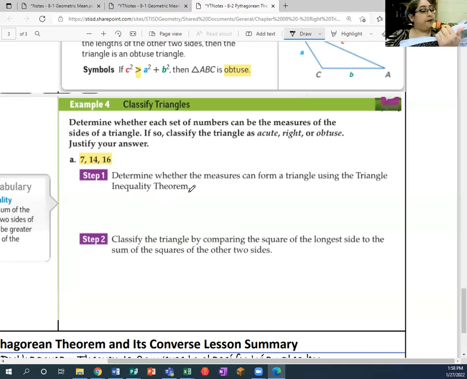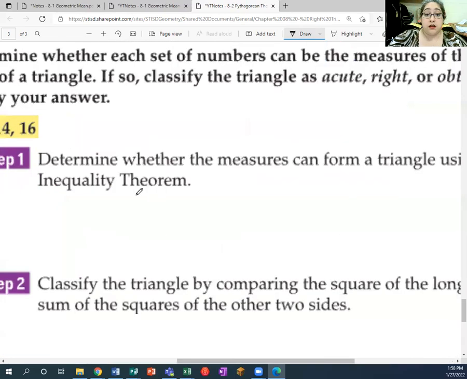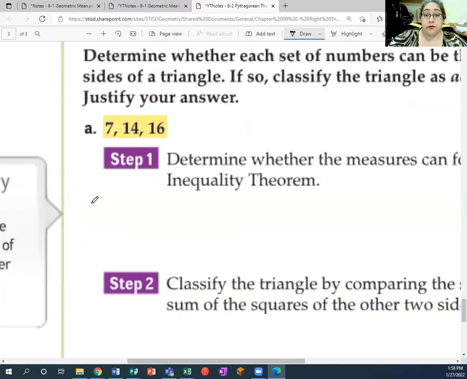Hopefully that was in frame. Basically what it says is if I take two sides of the triangle and add them together, it should be bigger than the third side that I didn't add. I'm going to do that for all the different combinations. So 7 plus 14.